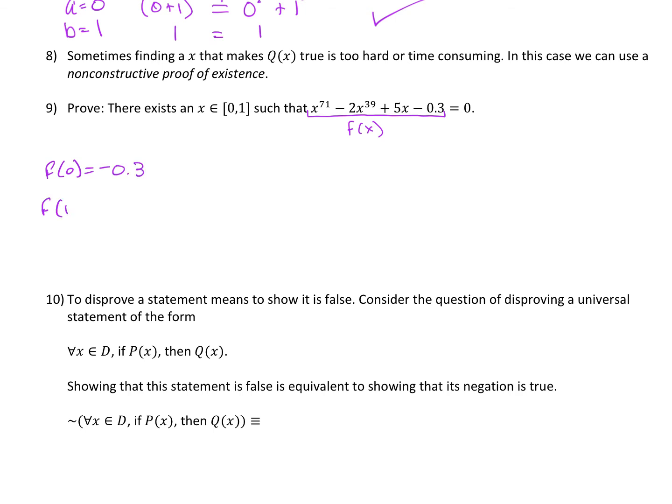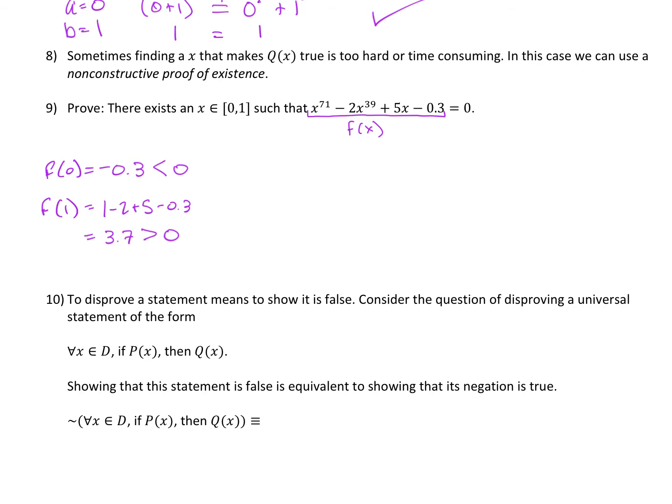And if you plug in a 1, you get 1 minus 2 plus 5 minus 0.3, which is 3.7. All right, so at the beginning of the interval, at 0, the function is negative. And at the end of the interval, at 1, the function is positive.